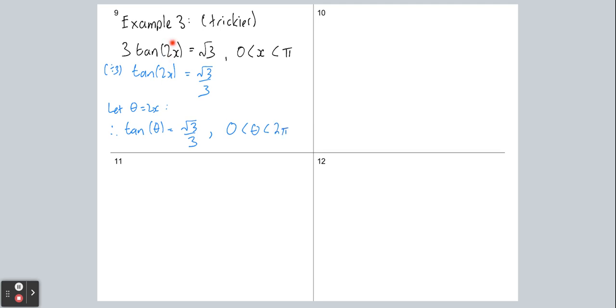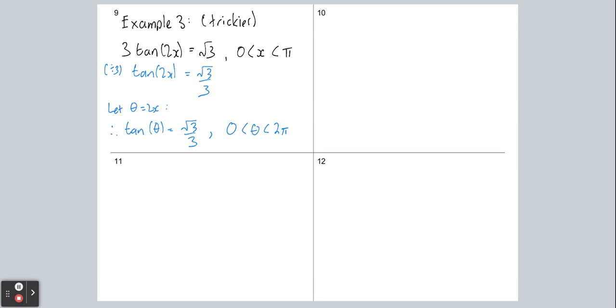So if this was 3x, that would be between 0 and 3 pi. If this was a half x, that would be between 0 and pi on 2, and so on. So we change the boundary points by considering this swap that we're doing. Now we can solve the problem just like we have in the past using this. And then there's another little bit at the end to do.